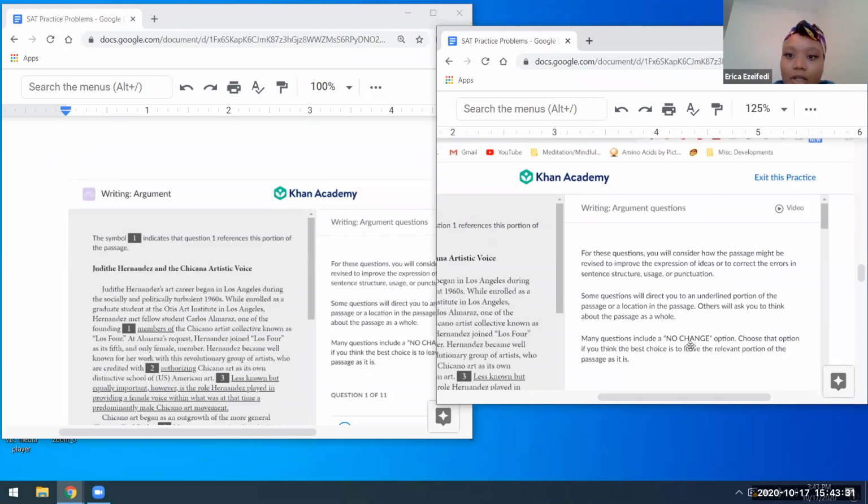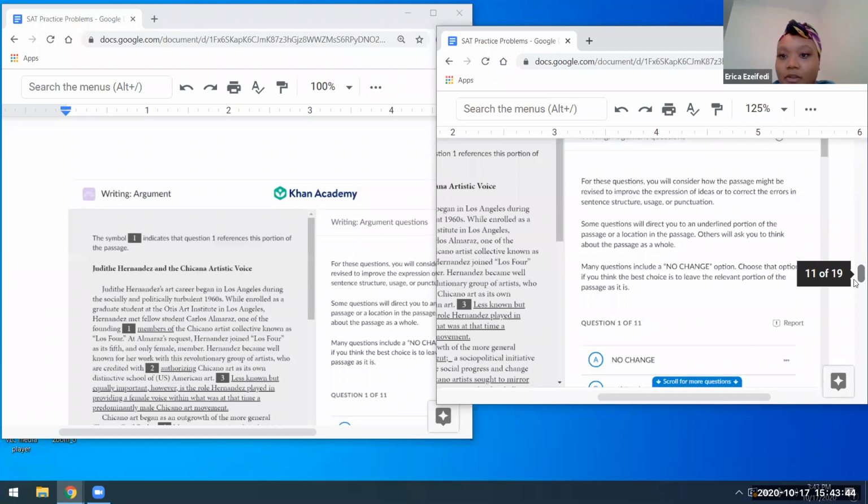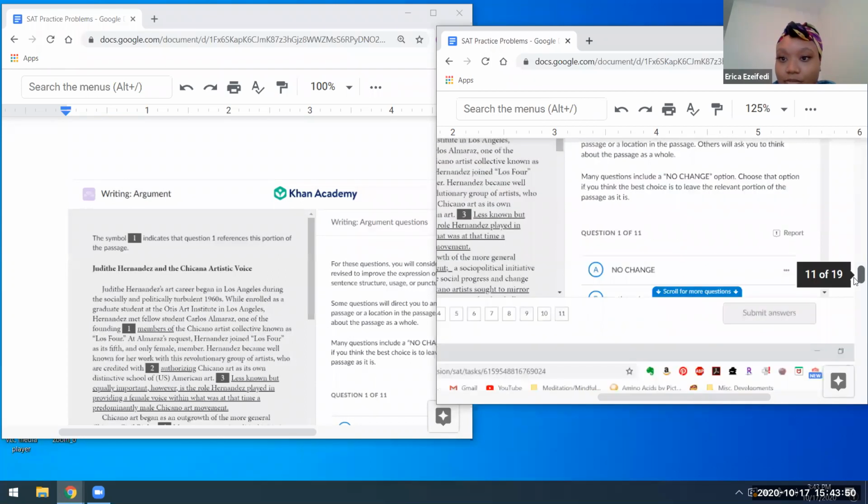So grammar, basically. Some questions will direct you to an underlined portion of the passage or a location in the passage. Others will ask you to think about the passage as a whole. Many questions include a "no change" option. Choose that option if you think that the best choice is to leave the relevant portion of the passage as it is.